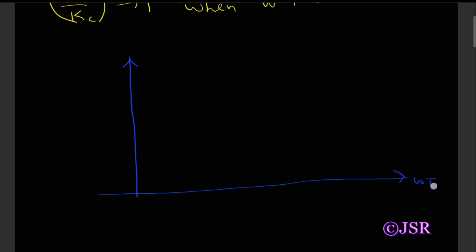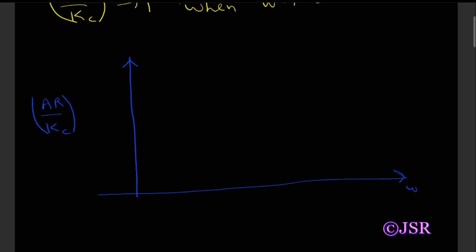So this is, let's say, omega tau I. We will not plot the gain plot as AR by Kc versus omega tau I. Instead, we will plot amplitude ratio upon Kc versus omega.